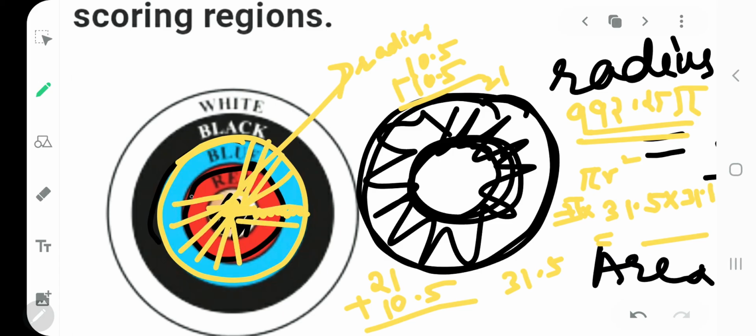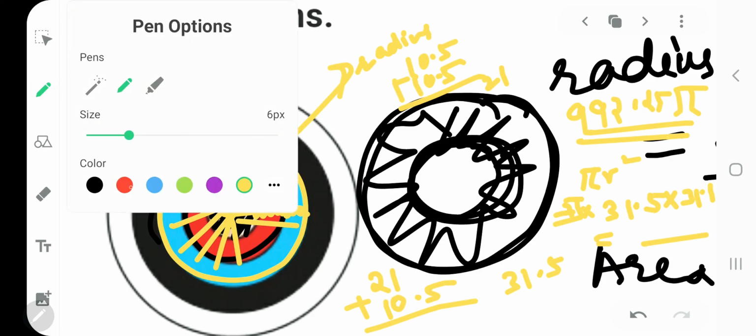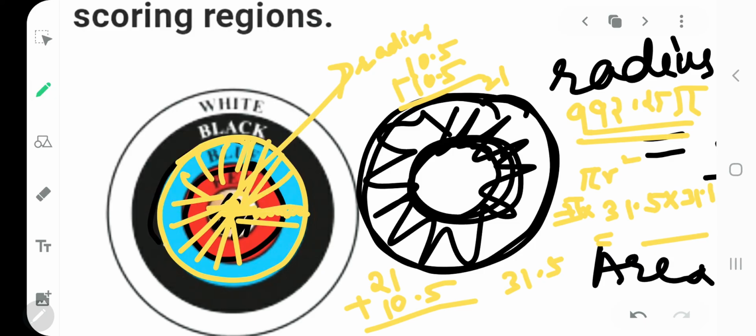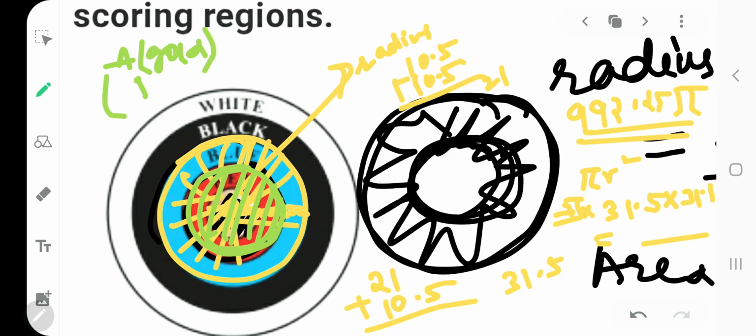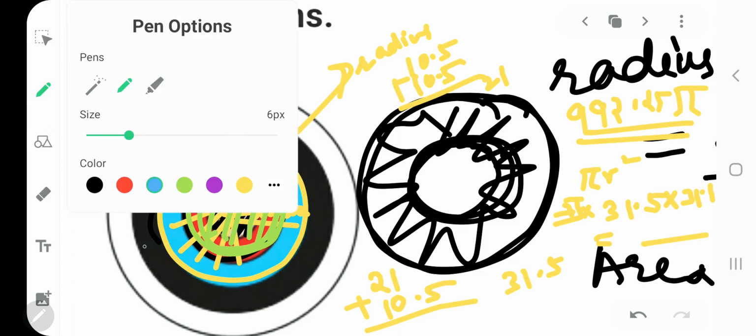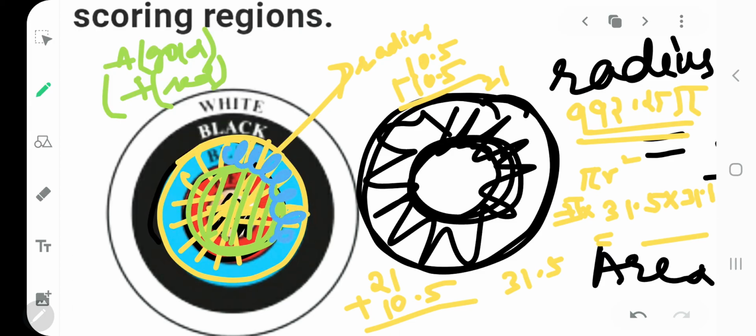But if I want only the blue region, I need to deduct this part so that I get only blue. That means I need to deduct the red and gold regions. So you take the area of gold and area of red and deduct them from this overall 992.25 pi, and you will notice that you get only the blue region, that is this one.